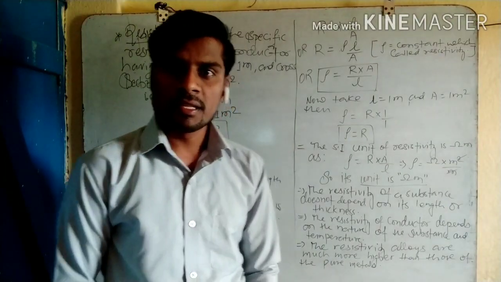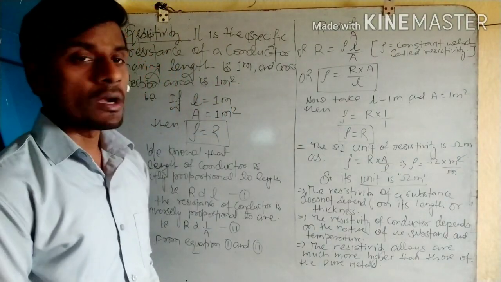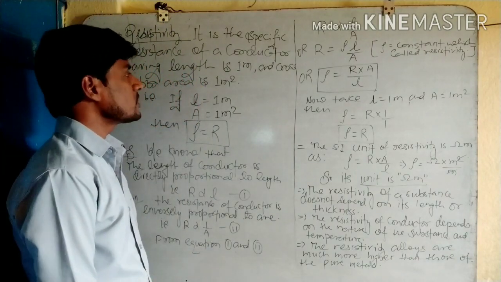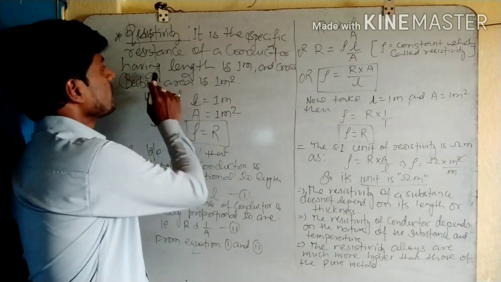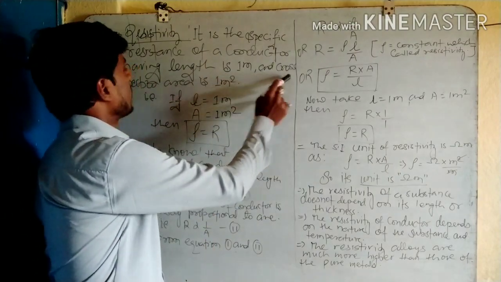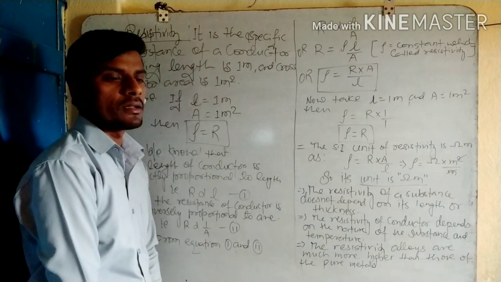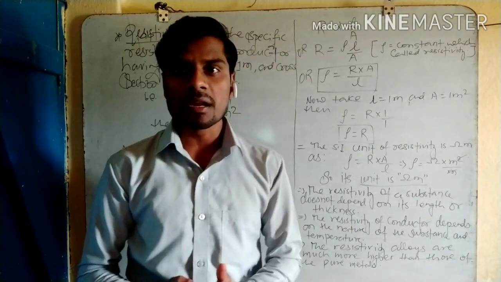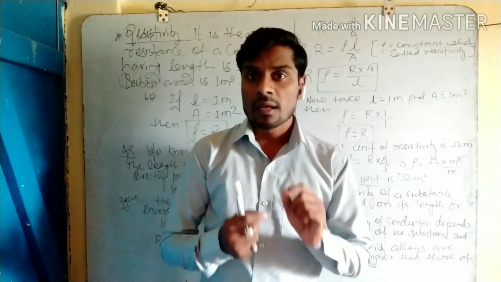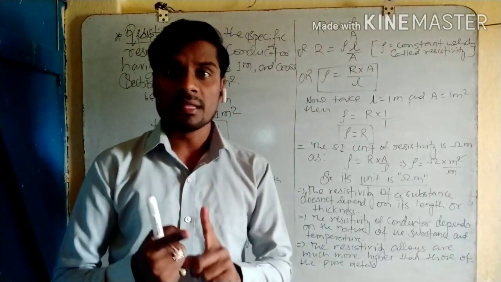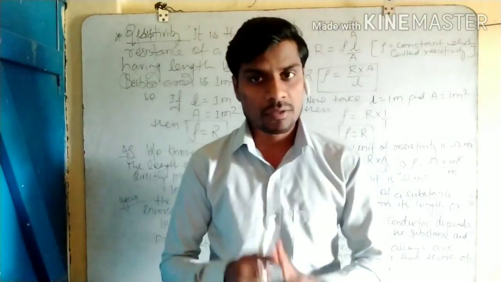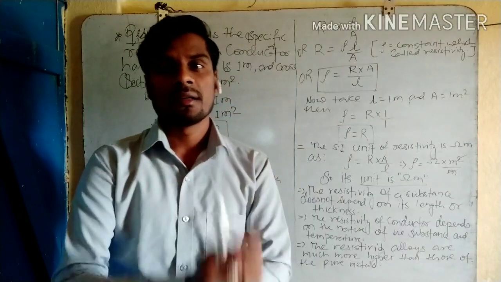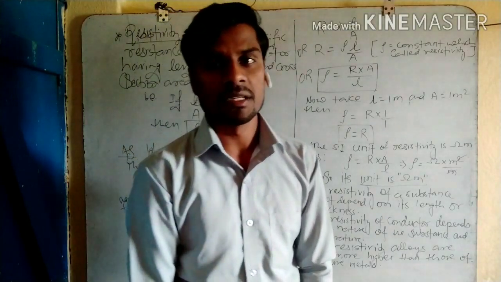Okay, let's see resistivity. What is resistivity? Resistivity is the specific resistance of a conductor having length 1 meter and cross-section area 1 meter square. That is, the resistance of a conductor of length 1 meter and cross-section area 1 meter square will be called resistivity.